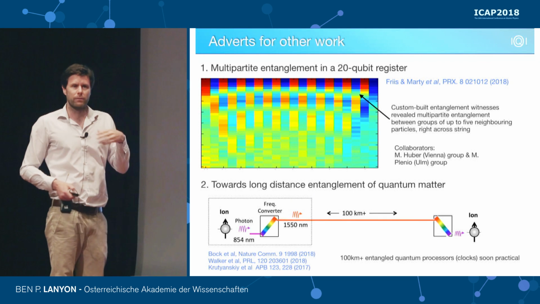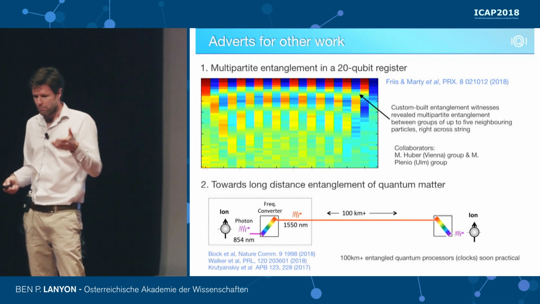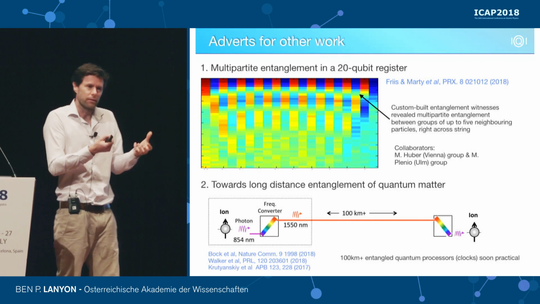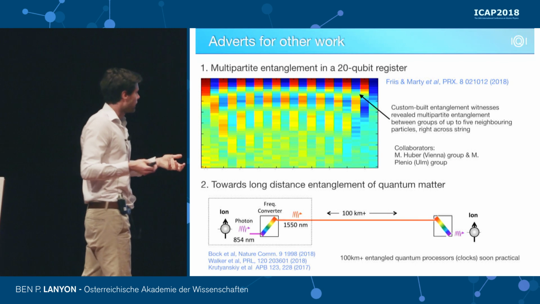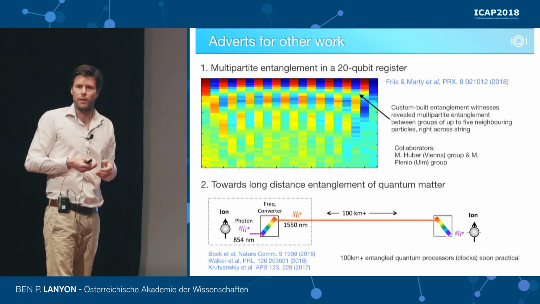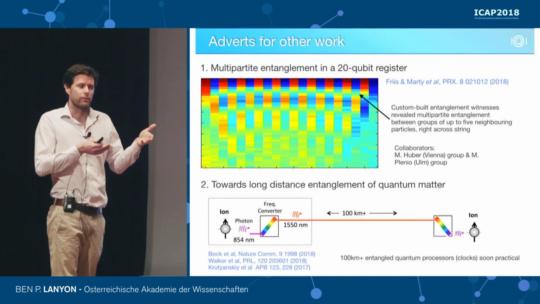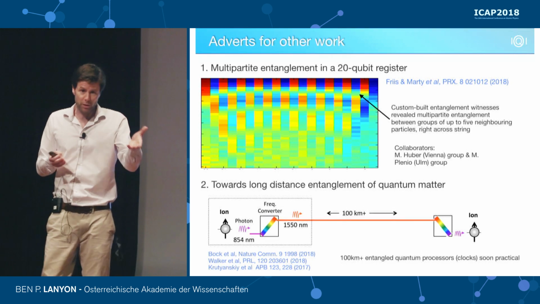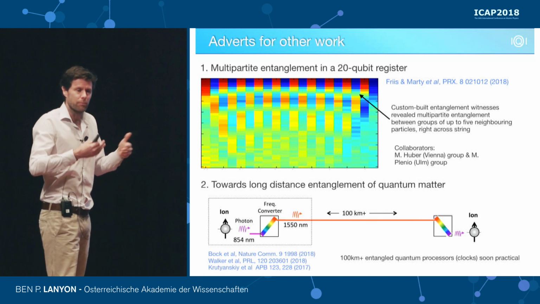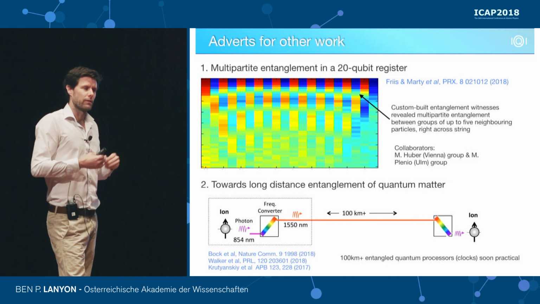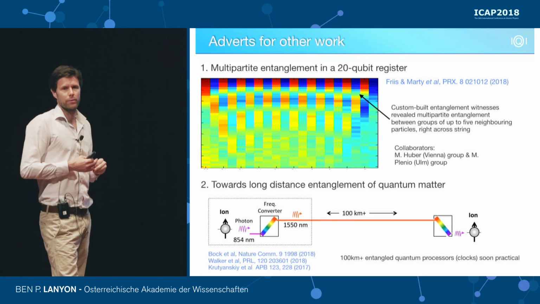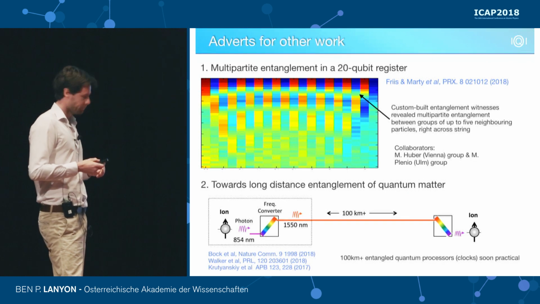And at that wavelength, it seems feasible to distribute quantum correlations between these many-body processes over distances of 100 kilometers plus. And of course, we can co-trap these spin systems with aluminium, for example, and I think we can start to reasonably think about entangling distributed atomic clocks in the coming years.